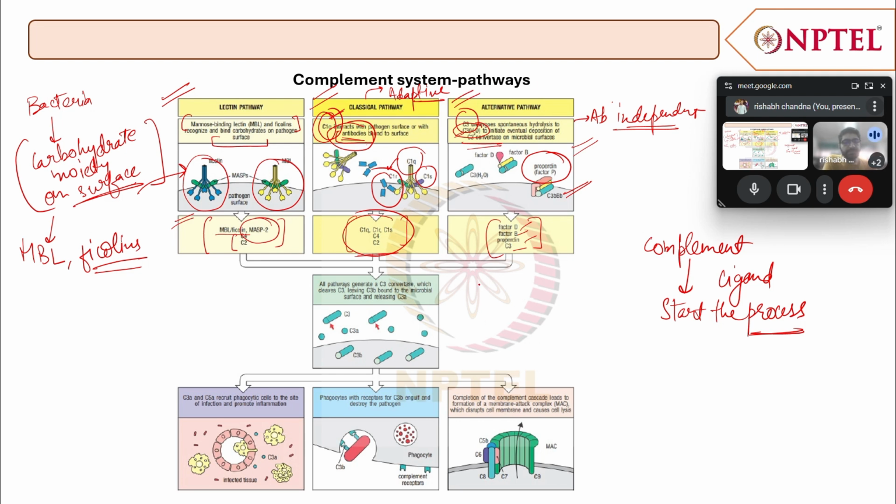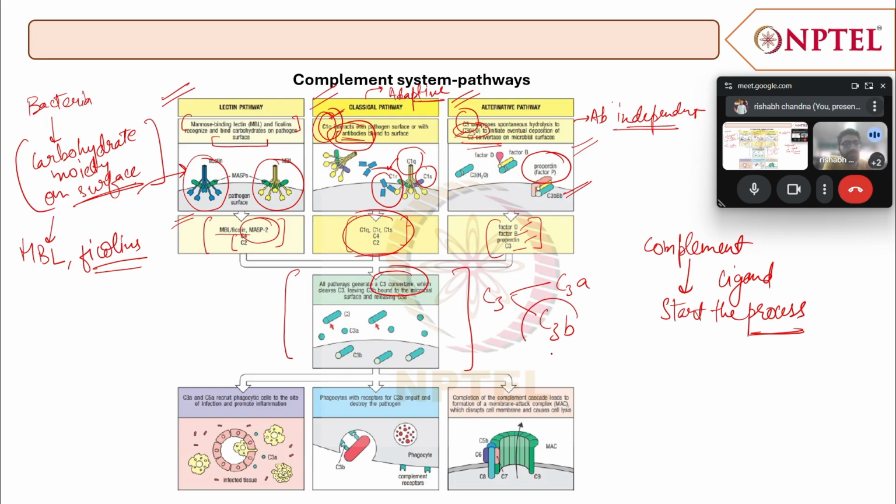Now there is a second phase called the amplification phase of the complement, and this amplification phase is common to all the pathways. It starts with the activation of C3 convertase, which cleaves C3, leaving C3b bound to the microbial surface and releasing C3a. So C3 is converted to C3a, the smaller domain, and C3b, the larger domain.